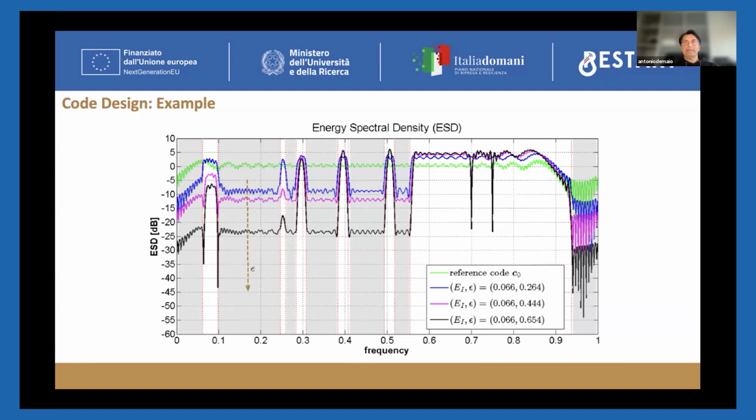The stop bands where the licensed systems are transmitting are shaded in light gray. The curves highlight the capability of the proposed technique to control the amount of energy which is produced on the shared frequency bands. And for each similarity level, we can see that the energy transmitted in the stop bands is lower than the allowed level, thus ensuring the coexistence with the other transmitting systems.